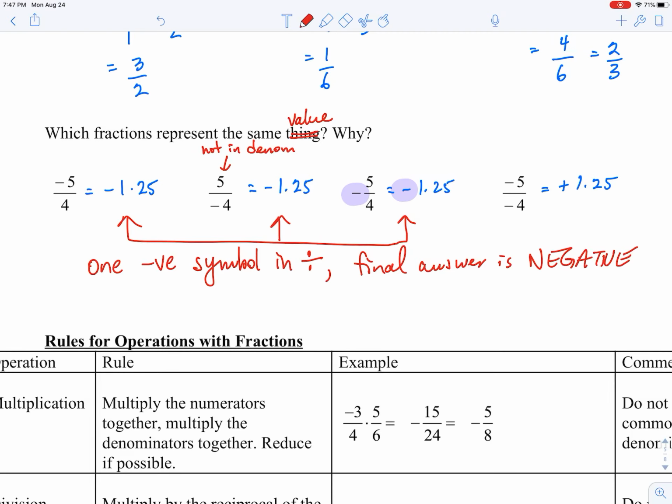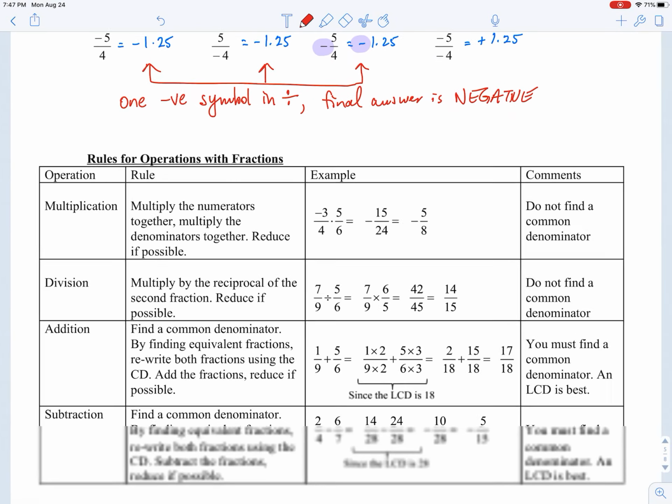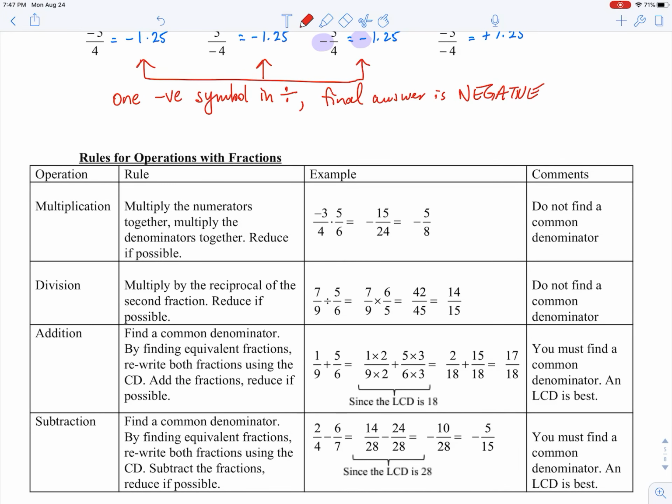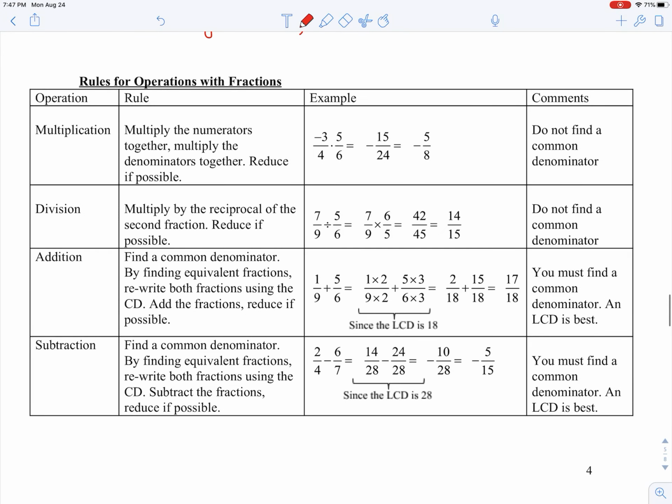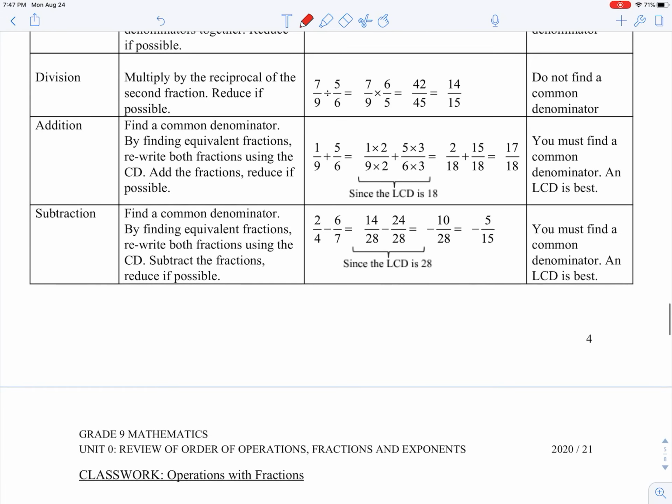That's not really proper formatting, but they all work out to be the same thing. Okay, so we're going to bump that negative sign either out front or up top. And all this table is just a summary of how to do multiplication, division, addition, and subtraction. It's just typed out much tidier than my handwriting.